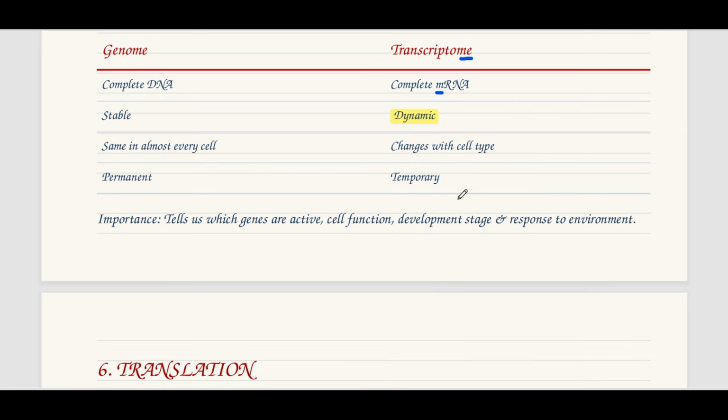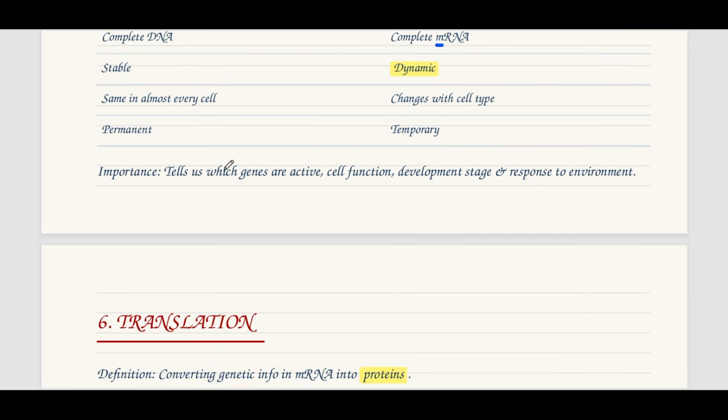Why? Because it exists only until the formation of the protein. When it forms protein, its work is done.